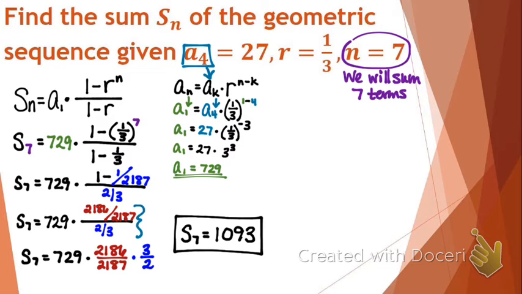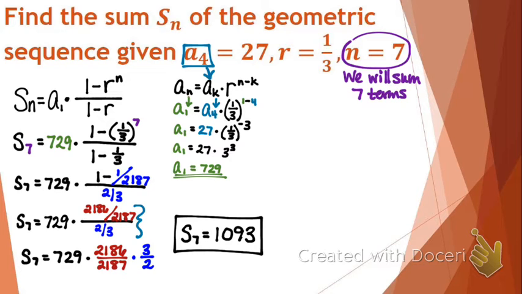I have a question for you. That numerator, before we did the multiplying by the reciprocal, that fraction in red, 2186 over 2187, is really close to what?